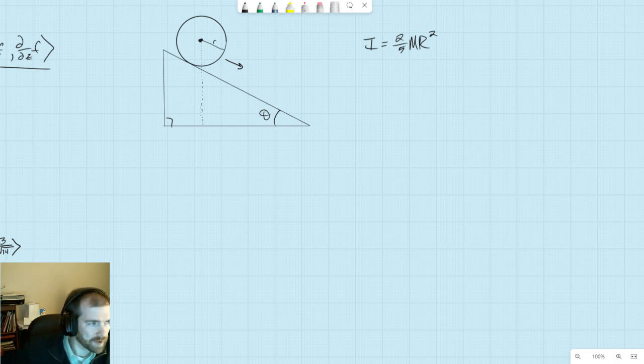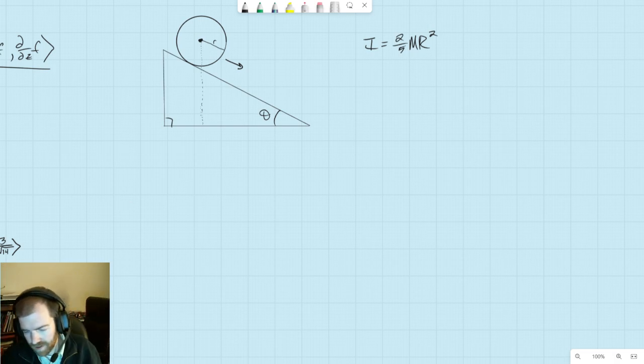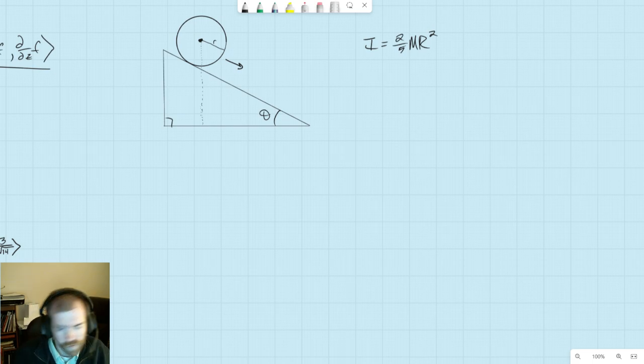I'm having a very similar problem in pre-calc, so it is kind of crazy. That's normal to this surface, this is normal to that.